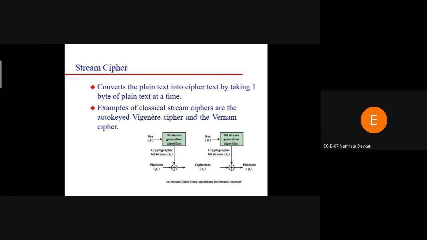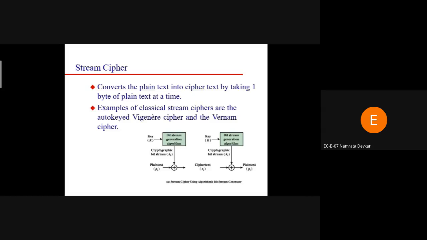And the concept of stream cipher is that we can convert our plain text into the cipher text by using byte-wise operations. So our original message might be 4 bit, 8 bit, or it might be 16 bits. So all the operations can convert from the plain text to the ciphertext by using byte-wise operations.